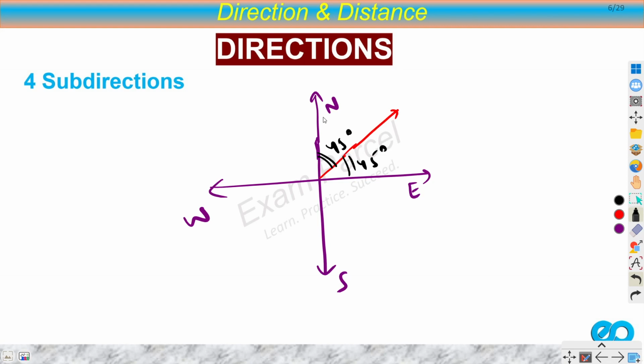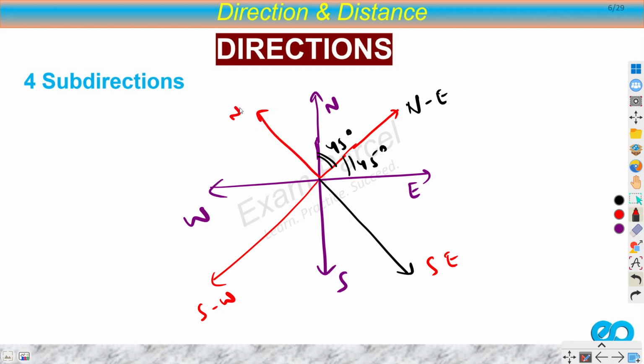This is exactly in between north and east, so we call this NE, northeast. Similarly, this would be called southeast, this southwest, and this northwest. So we name them based on the 2 directions it is in between. This is in between north and west, so I will call this northwest. Similarly, this is northeast, southeast, and southwest. These are very easy ones.